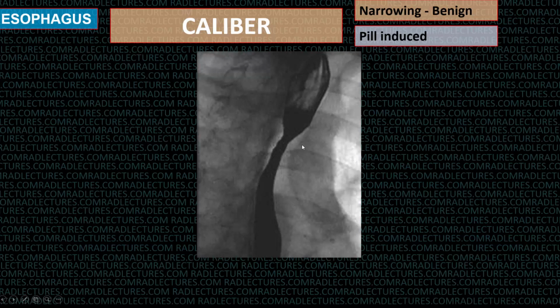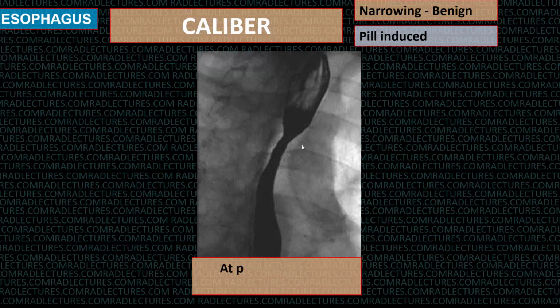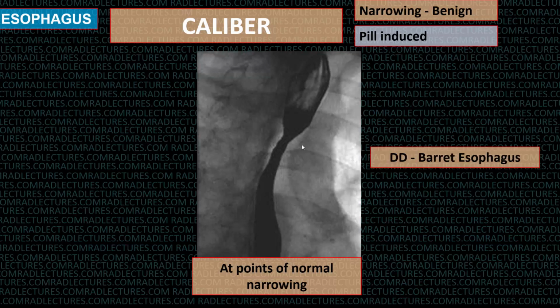Antibiotics can do that, and potassium chloride pills, particularly in patients who are taking digoxin, can do that. So if there is a stricture at the points of normal narrowing, you must raise the possibility of pill-induced stricture. But also remember, if there is no history of pills, then the differential diagnosis is Barrett esophagus, because it is a stricture not occurring at the lower end of the esophagus.